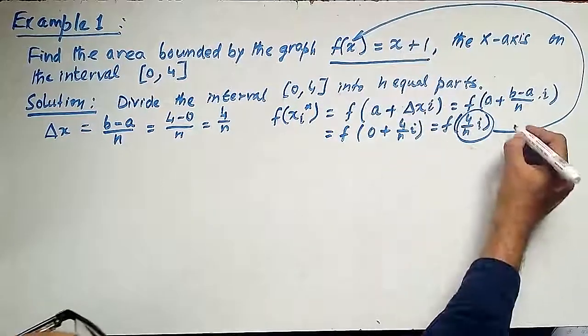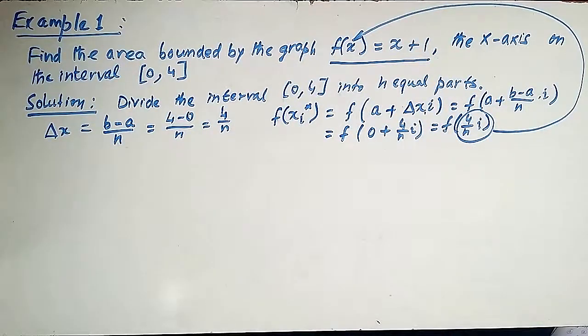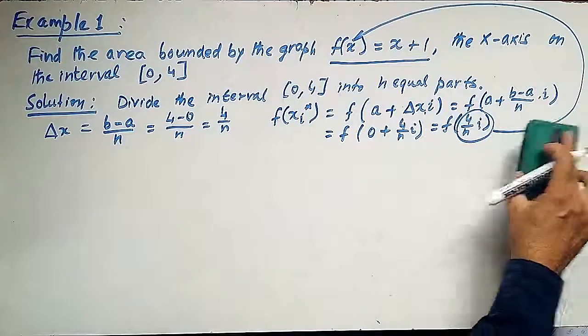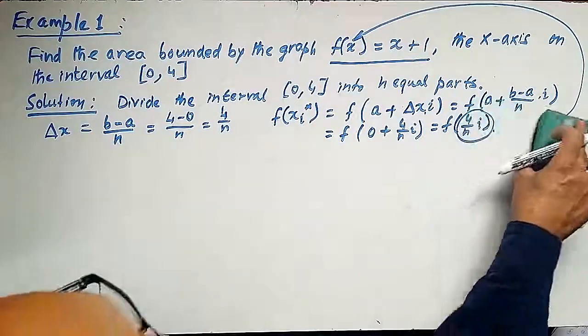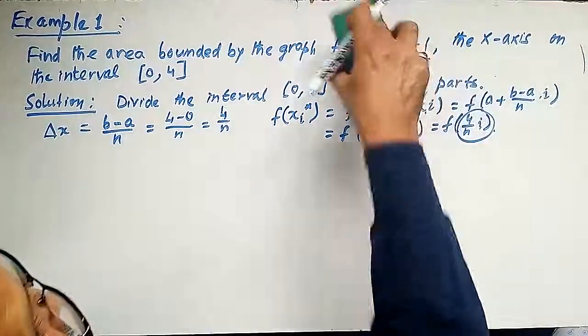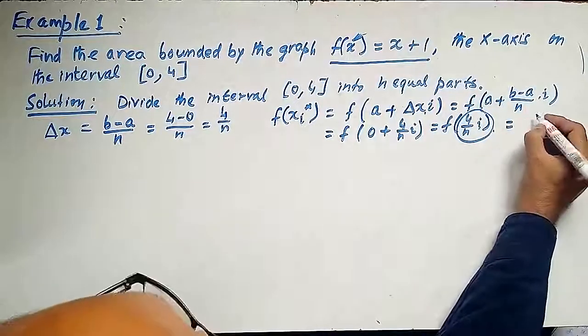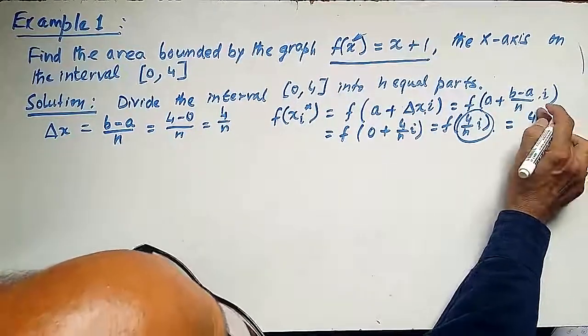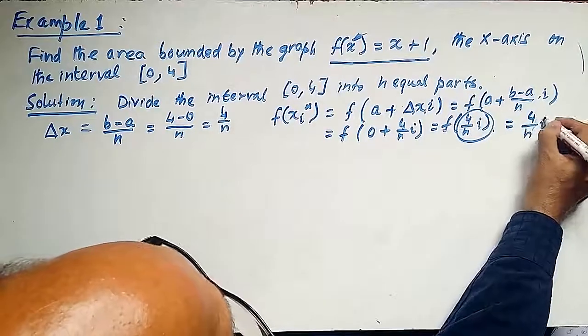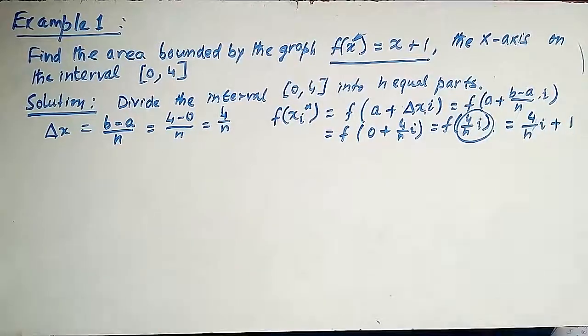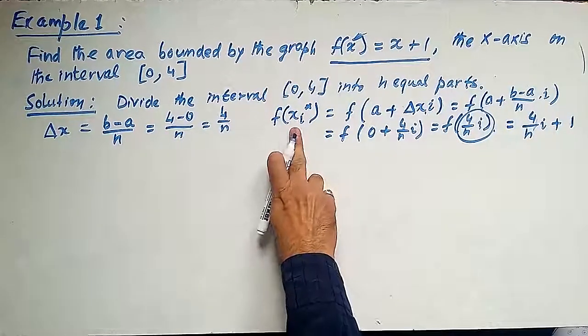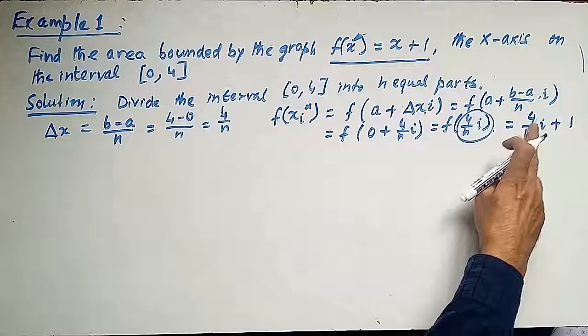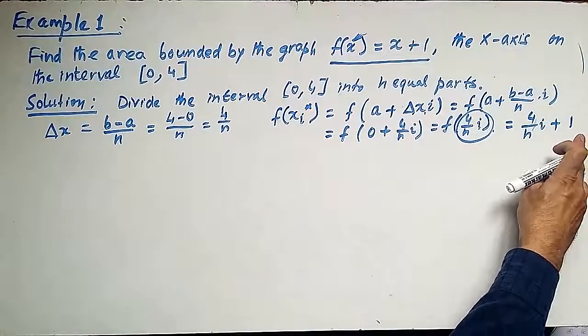If we input the value of x, that is 4i by n, into this function f(x), we will be getting 4i by n plus 1. So the value of the function at the ith interval is 4i by n plus 1.